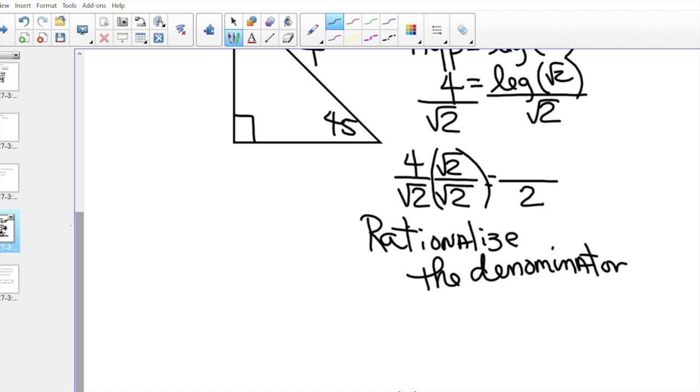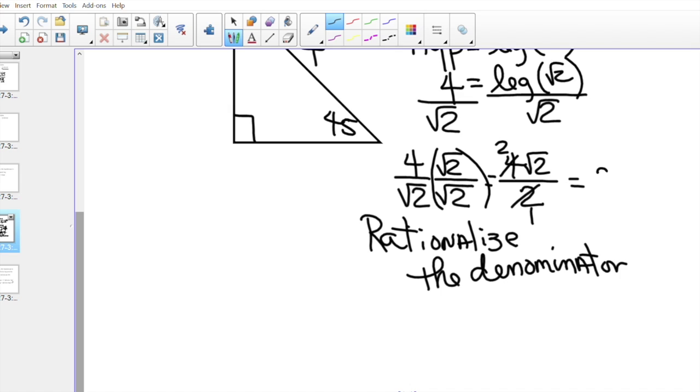On top, we have 4 times the square root of 2. But the 2 here and the 4 there cancel.